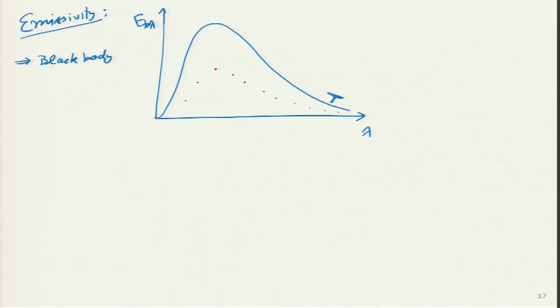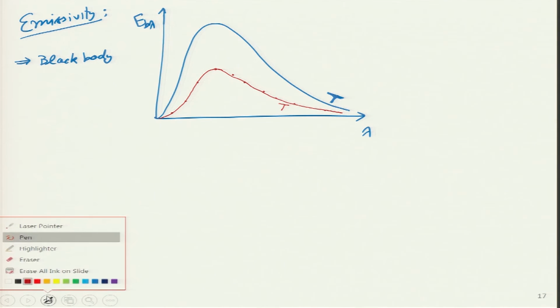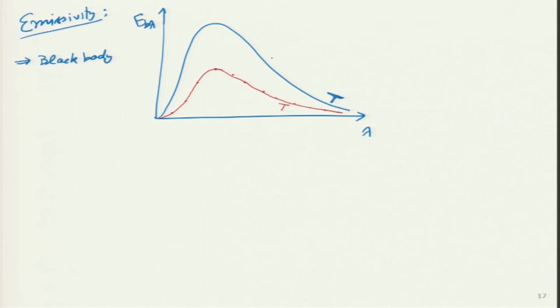So, I did a lot of experiments and I get this particular curve which I am showing in red color. Then I join them together and I get this curve. This is also at the same temperature T, but the original one in blue was for the black body, and this red one is from some actual body.